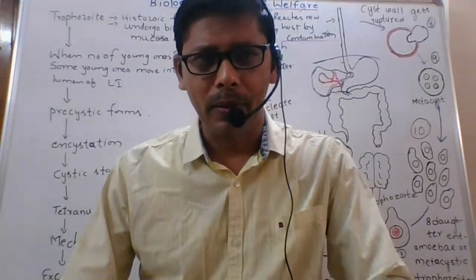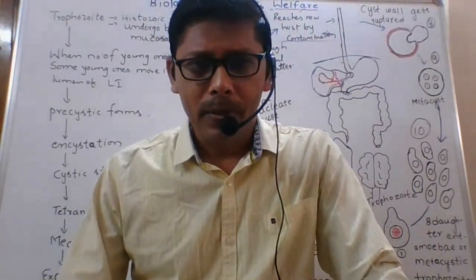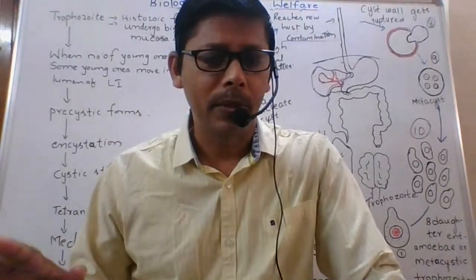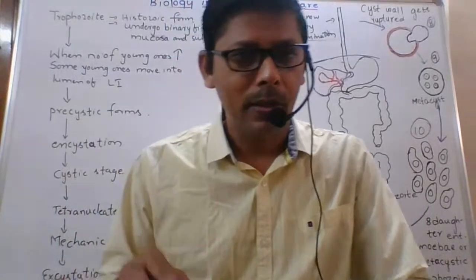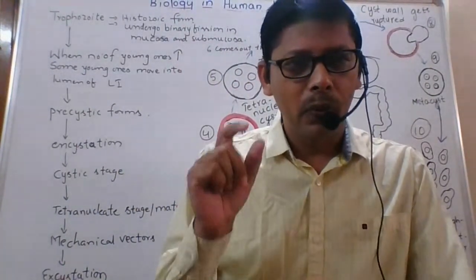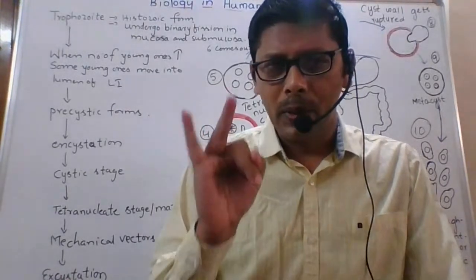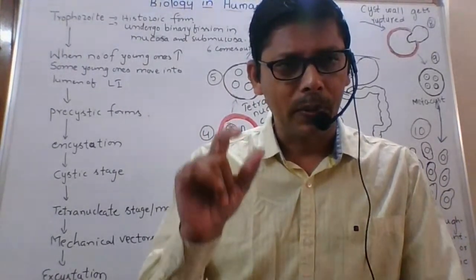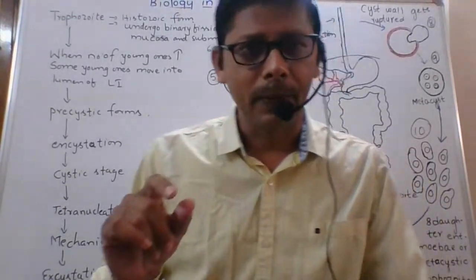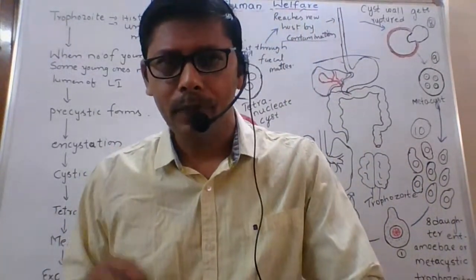Endoplasm contains different organelles: the nucleus, ribosomes, and food vacuoles. There are two types of food vacuoles: food vacuoles with RBC and food vacuoles with bacteria.